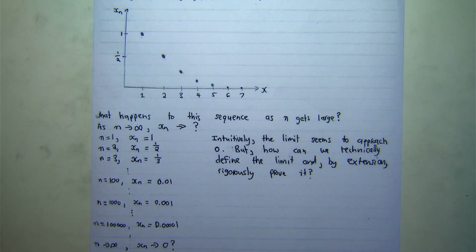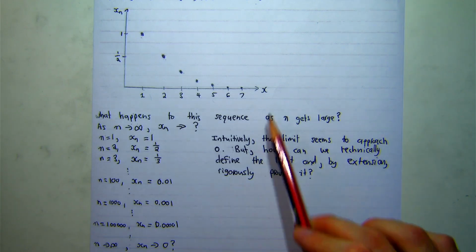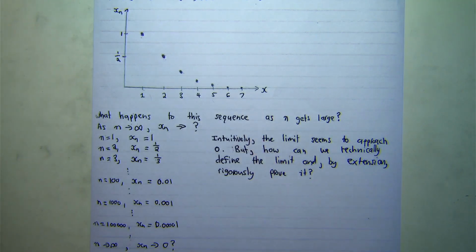People have a pretty good intuition as to what the limit is. And so the question here is, how can we actually rigorously define the limit and then use that definition to show that the limit here is, rigorously speaking, 0? And that is when our sequence definition of convergence comes in handy.